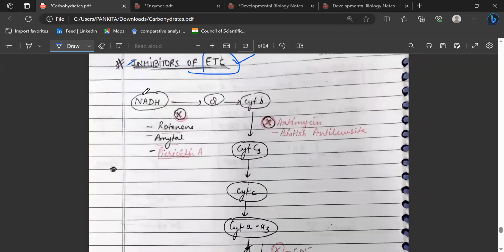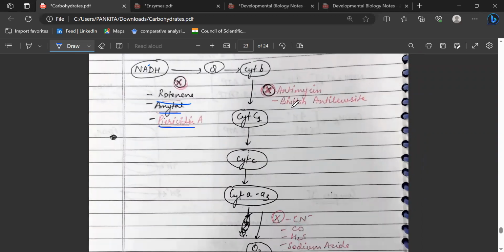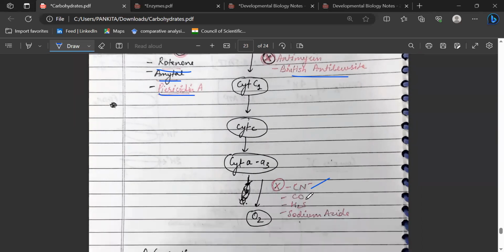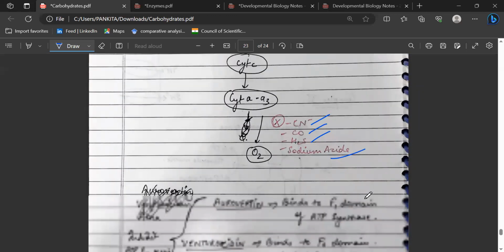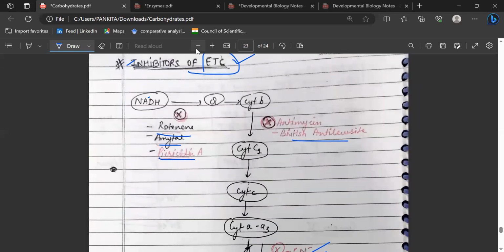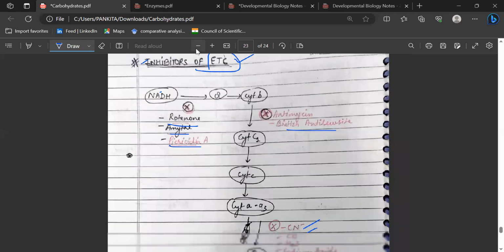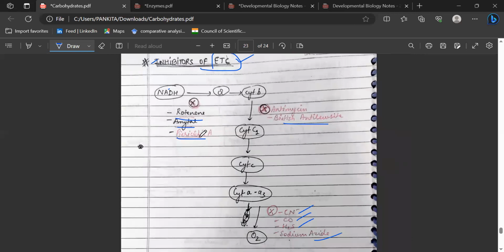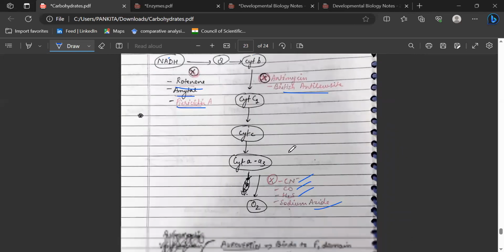So what are the inhibitors? Rotenone, amytal, piericidin, antimycin, British anti-lewisite, then cyanide CN negative, carbon monoxide, H2S, sodium azide. So these are the inhibitors which inhibit the ETC at various steps.